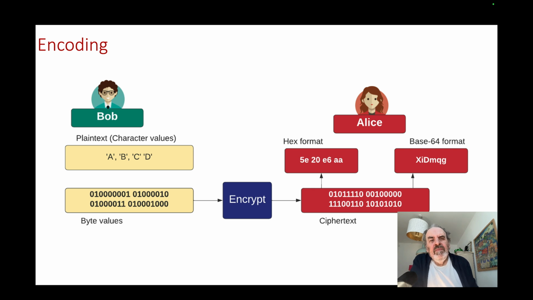So, at the most basic level, we need some way to convert the characters, the plain text that we have, into the ciphertext. And ciphertext will be a whole bunch of ones and zeros. Typically, it's in the form of bytes, 8 bits, and we operate on these bytes with our encryption methods.